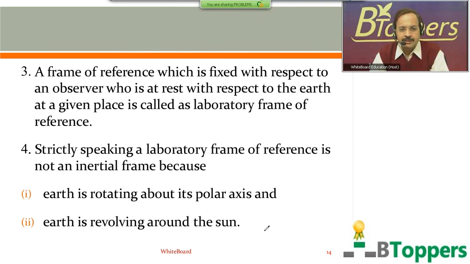Another option: cannot be an inertial frame because earth is rotating about its polar axis. I don't remember the order of the options, but these are the options. Another option: because earth is revolving around the sun. It was given as a multi-correct answer question. So both options, earth is rotating about its polar axis and earth is revolving around the sun, are considered to be the answers for that question.